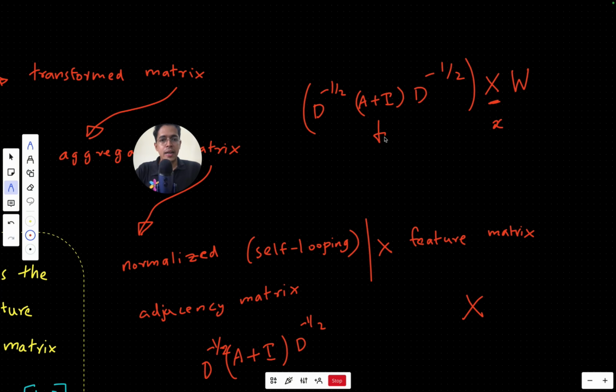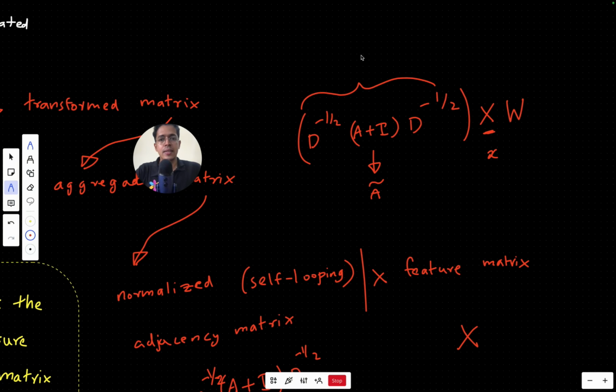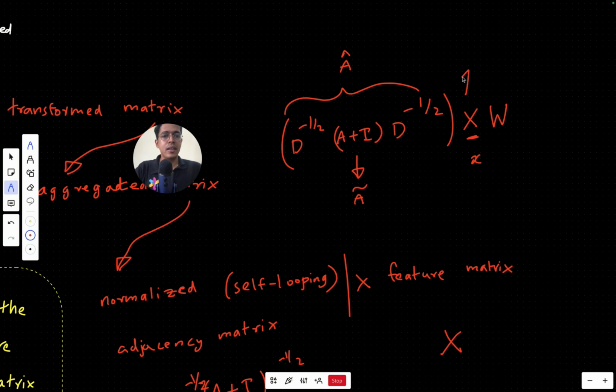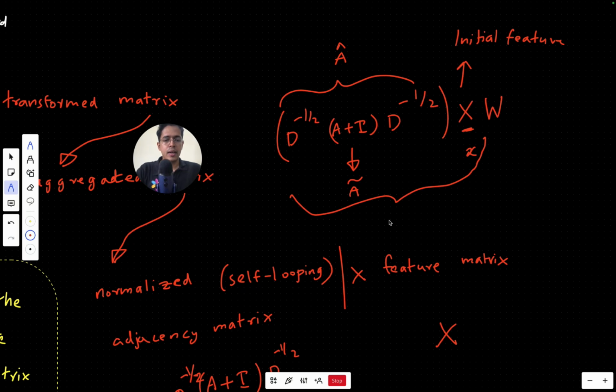Now, this was called A tilde. This whole thing was called A cap after normalization. This was self-looping. This was the normalized adjacency matrix. And X is the initial feature. Then this is called the aggregated feature matrix.